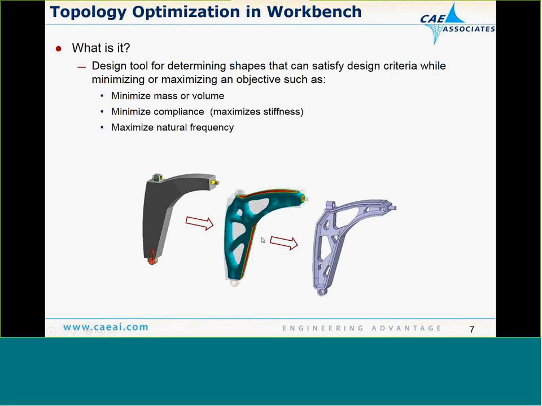It comes up with a distribution of material by removing material from the main block of material. And then from that, you can do a validation where you take that geometry in STL format, and you can effectively reverse engineer it to create a dimensioned part, which you see down in the lower right.